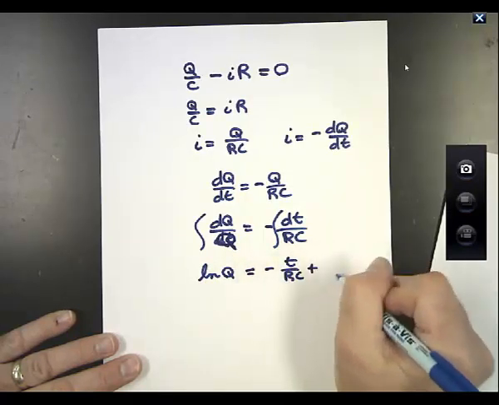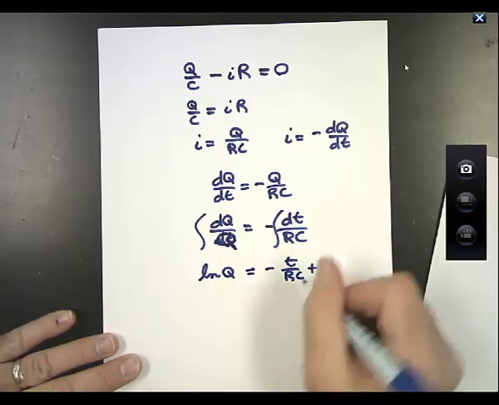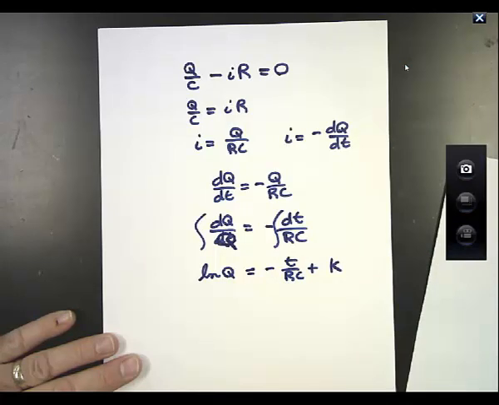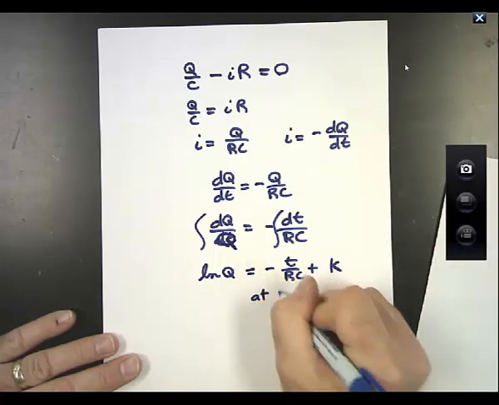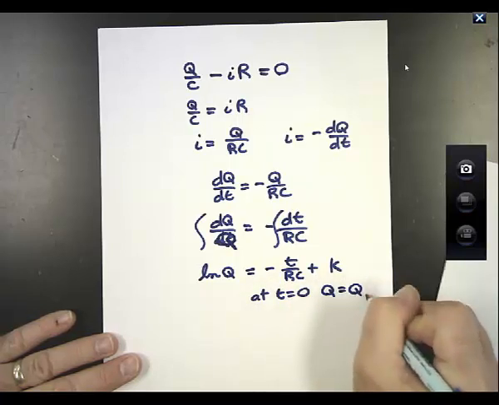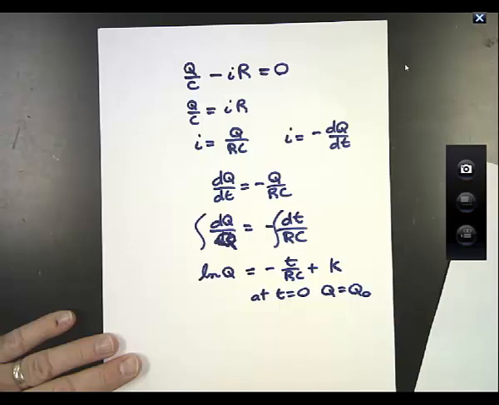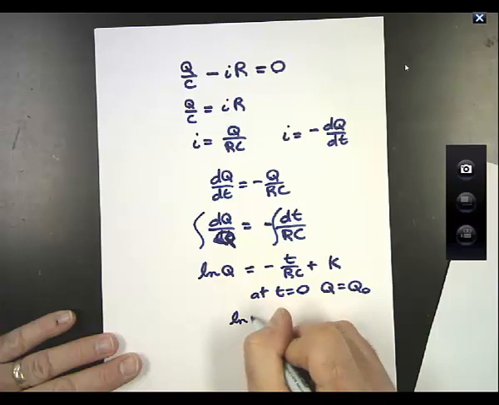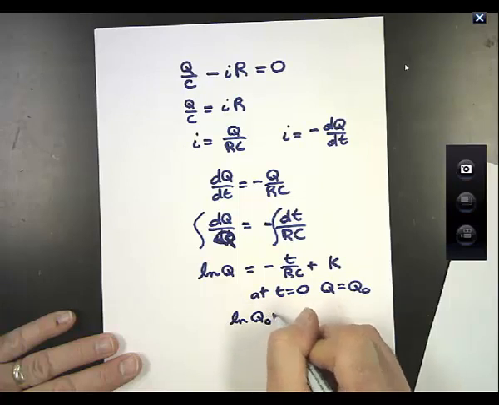Now we use C as a constant in calculus all the time. Unfortunately we're using C as capacitance, so I'm going to say k instead. We've got to get rid of k, and we know that at t equals 0 the charge is equal to the maximum charge, the initial charge of the capacitor. So if we put 0 in for t and q naught in for q, what I've got is natural log of q naught is equal to k.